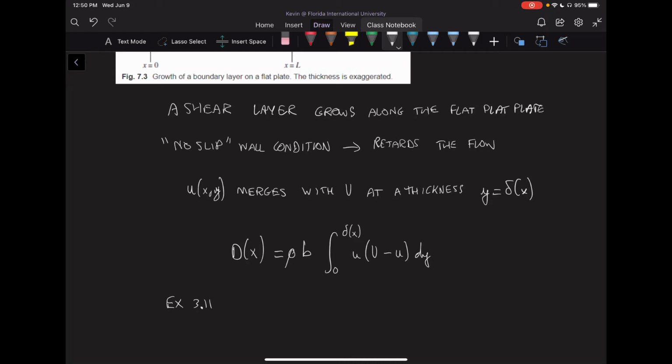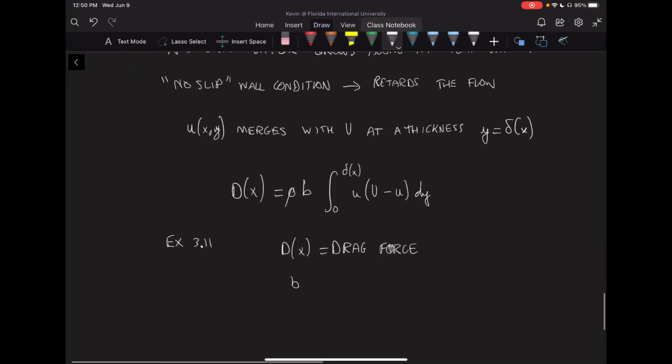We find that this D of x is called the drag. So it's a drag force, and we know that b is the thickness of the plate into the paper. And we are doing this integral on a constant x line.